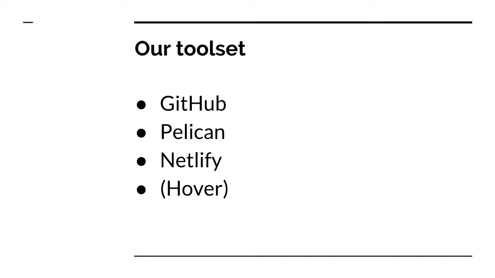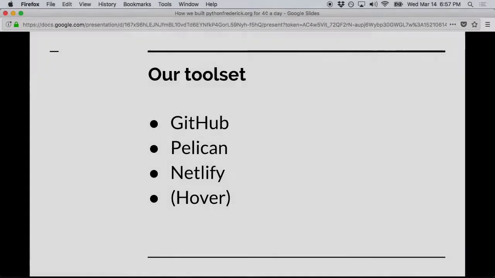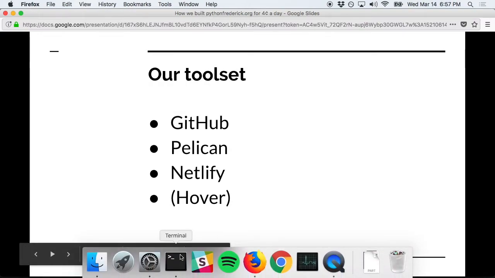And then finally, I'm going to show you Hover. Sorry, I'm not going to buy you a domain name today just to do a presentation, but I'll give you an idea of how you would do that if you wanted to be hosting your site at myname.com. So that's the end of the actual slides. Hooray. Then we get to the fun code bits.